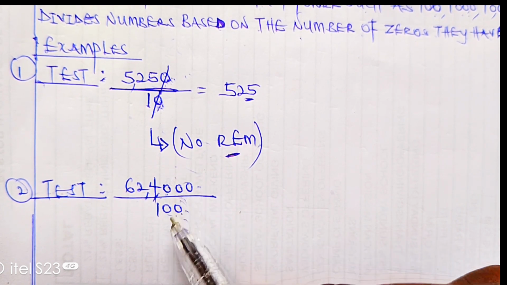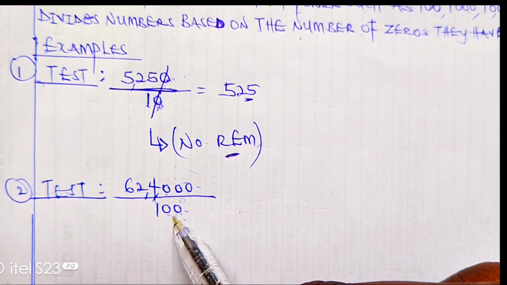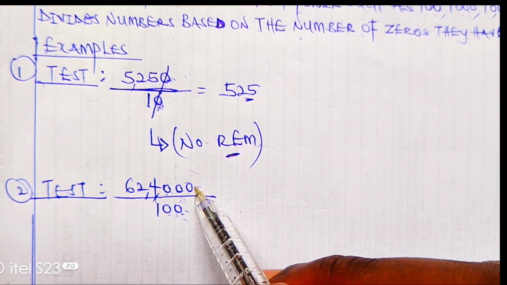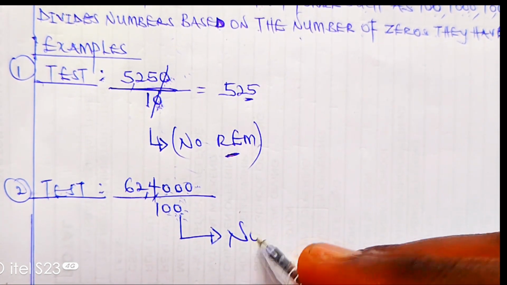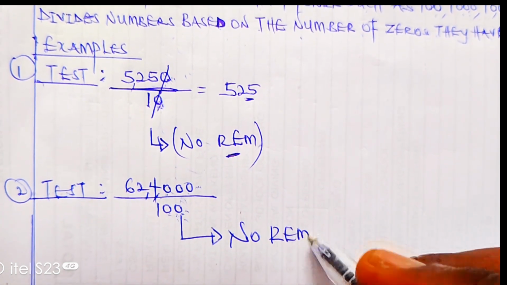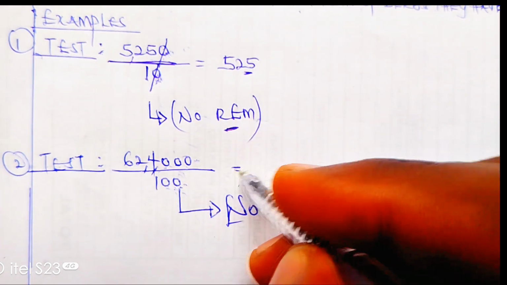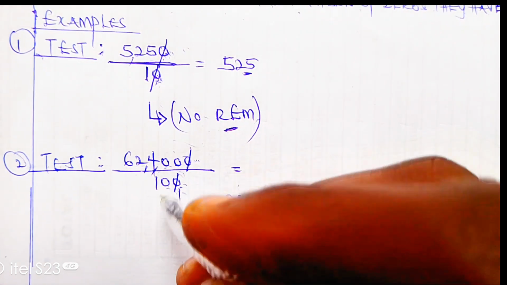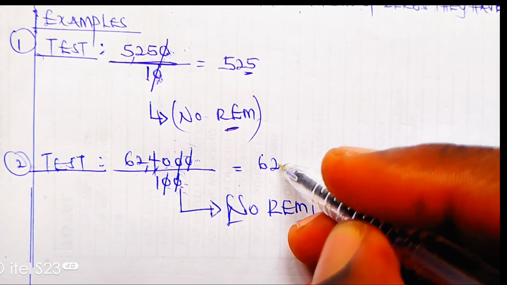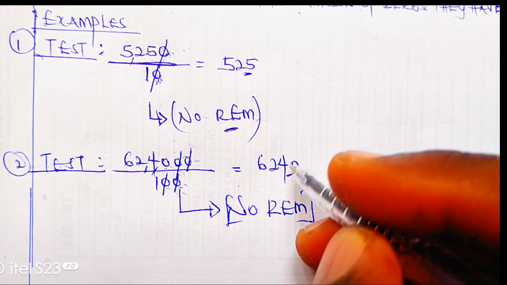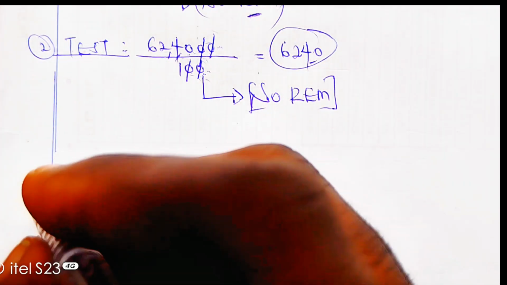Since this number has the same number of zeros at the end as 100, and even more, it means 100 will divide this number without a remainder. So let's take out the zeros from the back. What do we have left? 6,240.